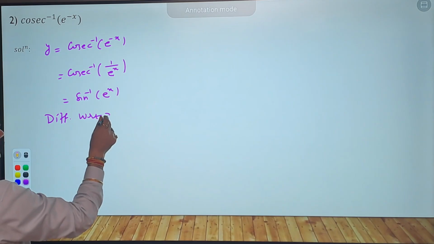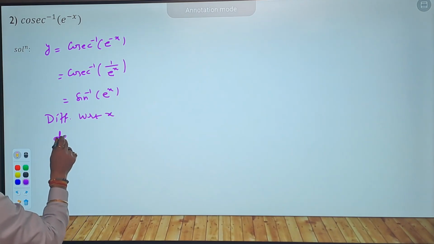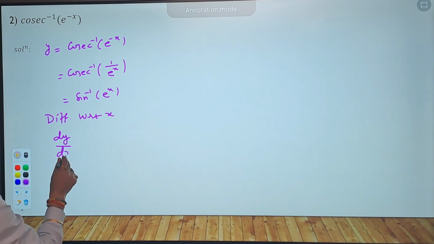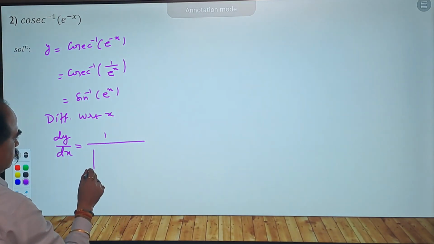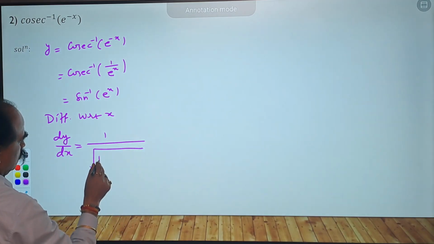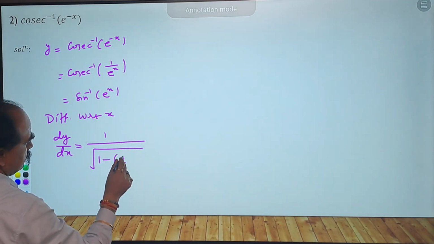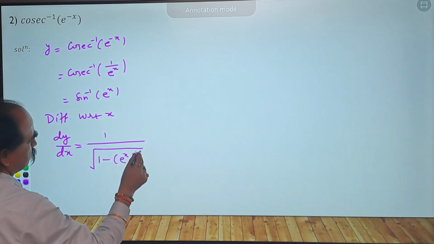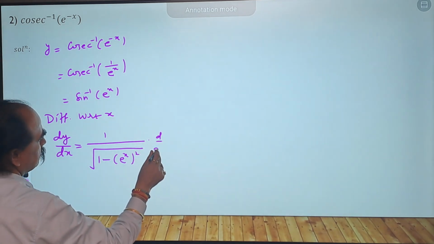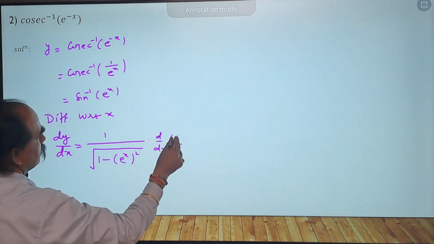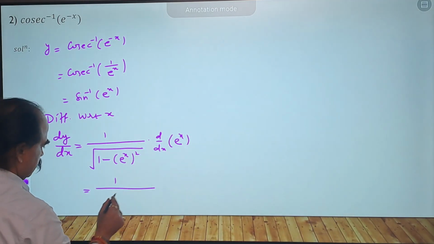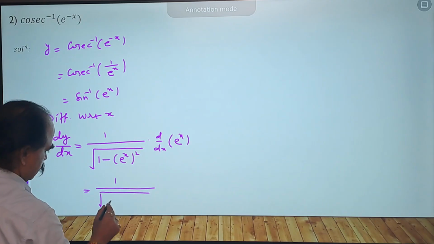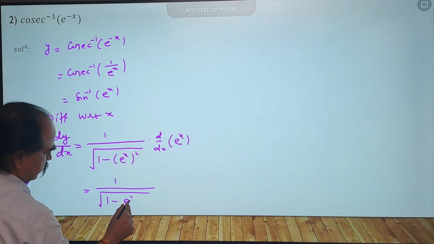Differentiating with respect to x, dy by dx is what? 1 upon root 1 minus e raised to x square into derivative of e raised to x. 1 minus e raised to 2x.